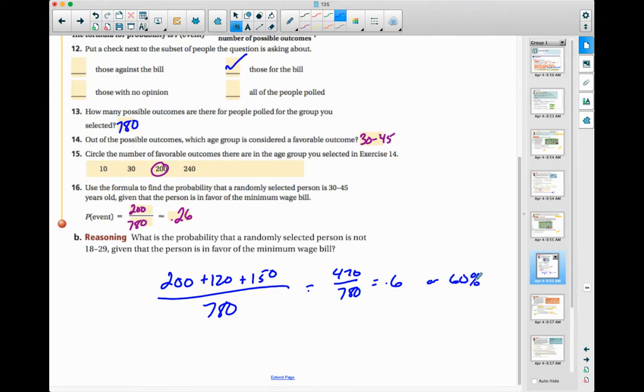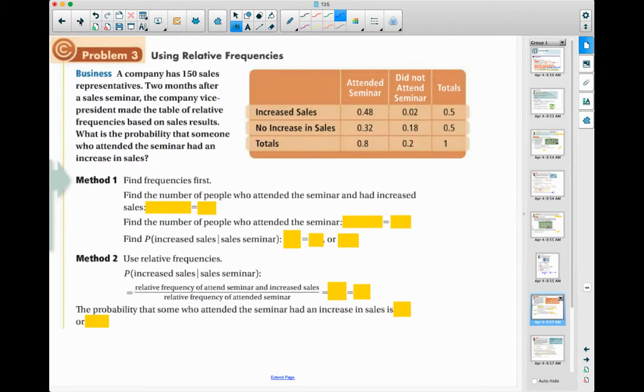Good. Using relative frequencies, a company has 150 sales representatives. Two months after the sales seminar, the company's vice president made a table of relative frequencies based on sales results. What is the probability that someone who attended the seminar had an increase in sales? We're going to find frequencies first. Find the number of people who attended the seminar and had increased sales.